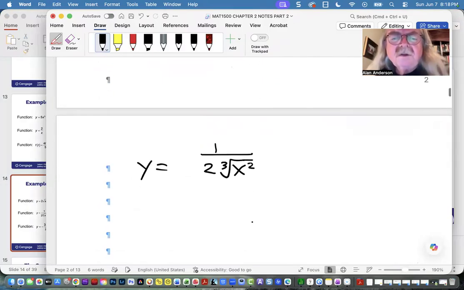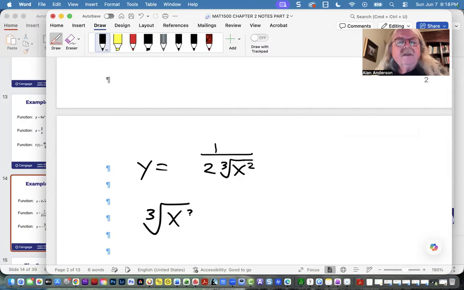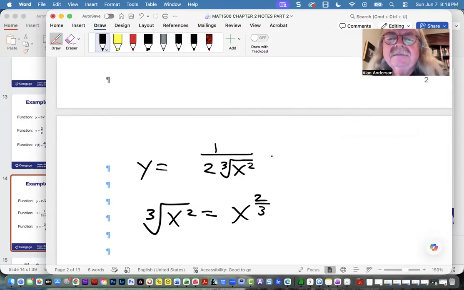So let's take a closer look at this radical. What are we supposed to do with it? Well, this is the same thing as x to the 2/3 power. So that's really the key to the whole thing. So what I'm going to do is rewrite this as 2 times x, since it's 1 over that, let's do this.